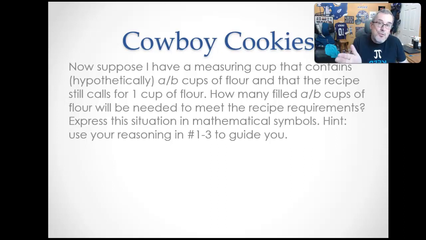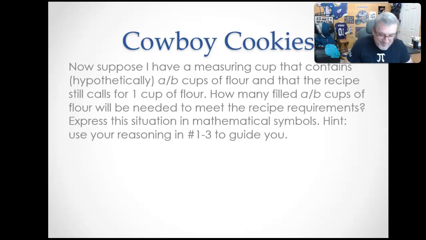Just like 2/3 is twice as big as 1/3, A over B is A times as big as 1 over B. 1 over B is just 1 copy of 1 over B. A over B is A copies of 1 over B. So A over B is A times as large as 1 over B. Since A over B is A times bigger, I'm going to need 1 over A as many.